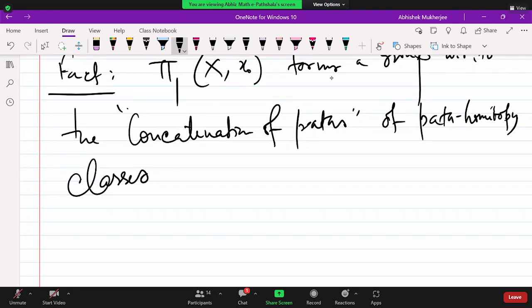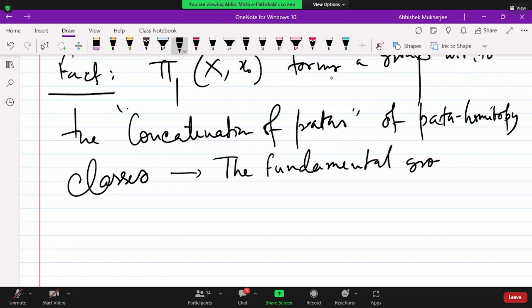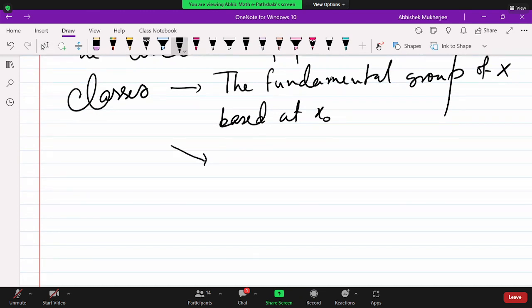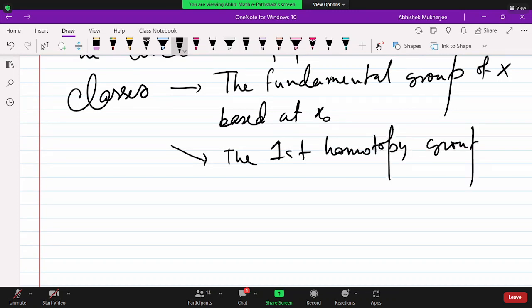This group is known as the fundamental group of x based at x naught, and sometimes it is called the first homotopy group of x.